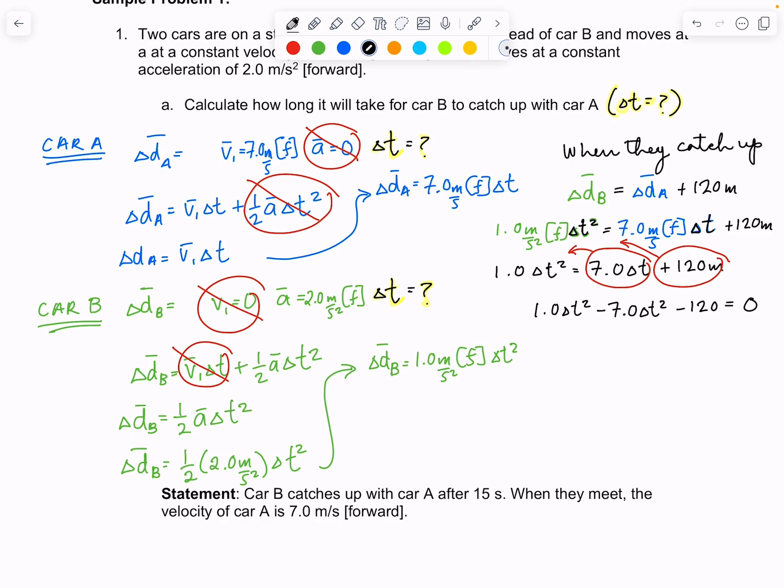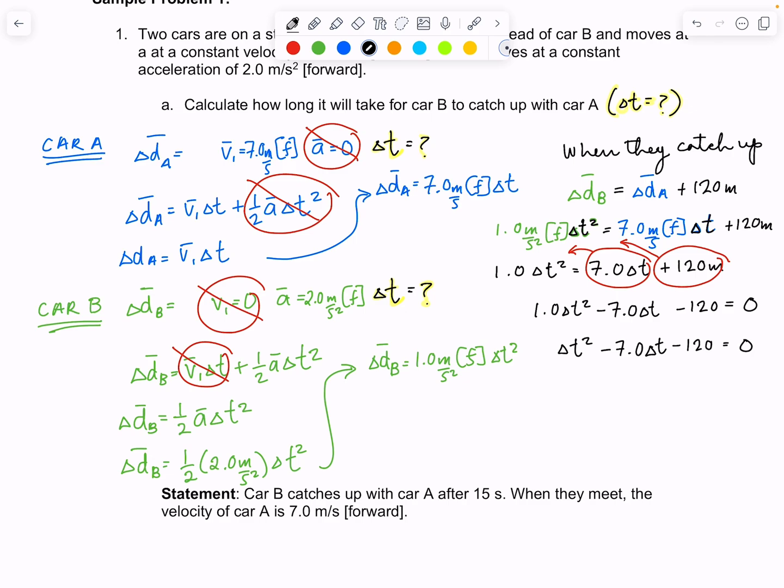Since this is a 1, I just want to rewrite it even simpler so that you can see this as delta t squared minus 7 delta t minus 120 equals 0.